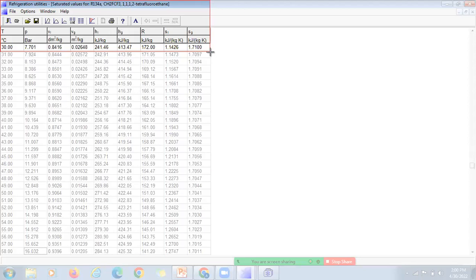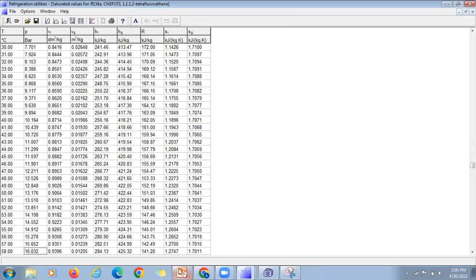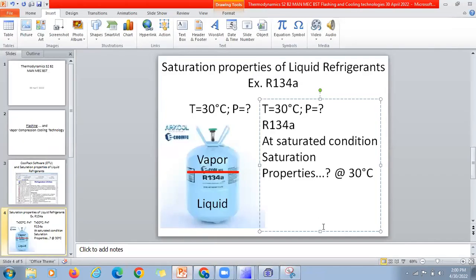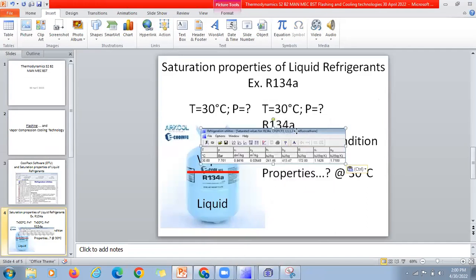I need to look only at the pressure, but I will take the entire thing and paste it here.